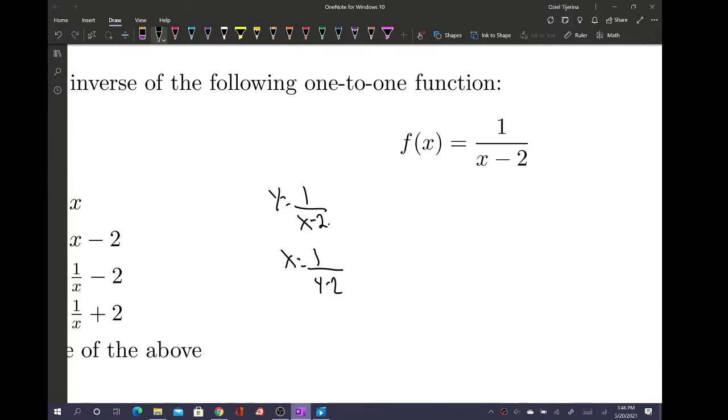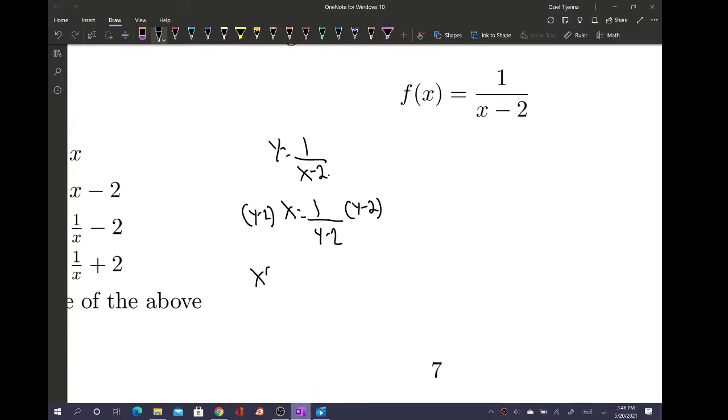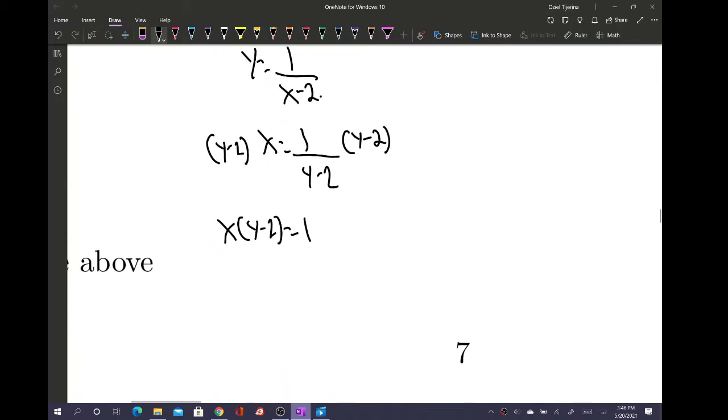So you're then going to multiply by y minus 2 on both sides. Then you get x times y minus 2 equals 1. You can then divide by x on both sides, and you get that y minus 2 equals 1 over x.